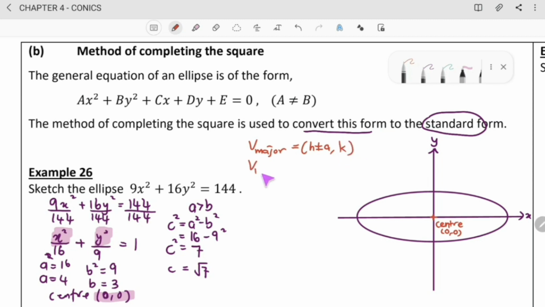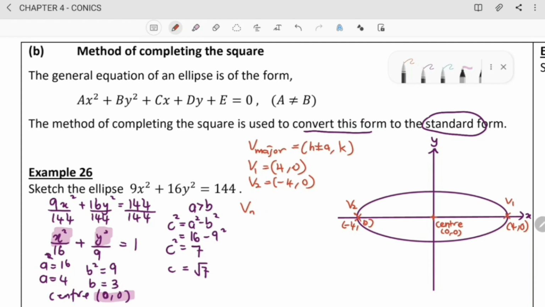So v1 will be, because our a is 4, 0 plus 4, so it's 4, and our k is 0. And v2 will automatically be negative 4 because 0 minus 4. So we have v1 here, which is 4, 0, and here v2, which is negative 4, 0.